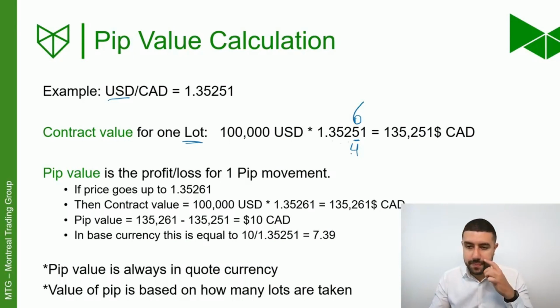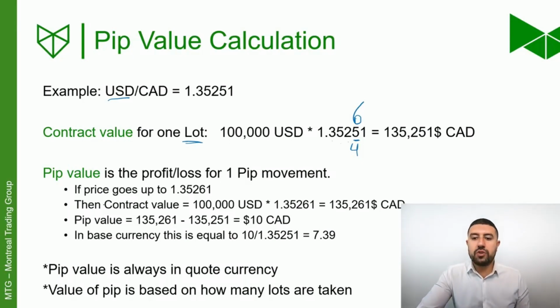It moves by 1 pip. Well, let's see, what would be the contract value if the price went up by 1 pip? To 1.35261. Well, the contract value would be 100,000 US times 1.35261, which gives us $135,261.